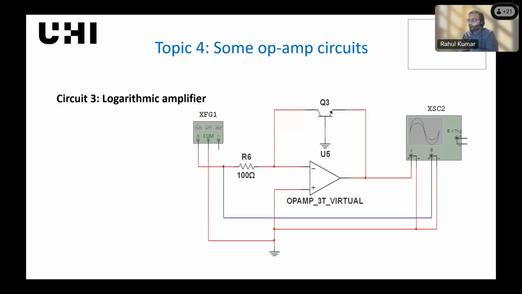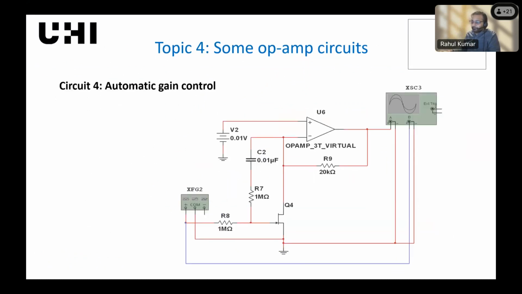Now I'm aware of the time, so there are a few more circuits like the logarithmic amplifier, and then you have the automatic gain controller. So I'm not going to discuss them in the class.